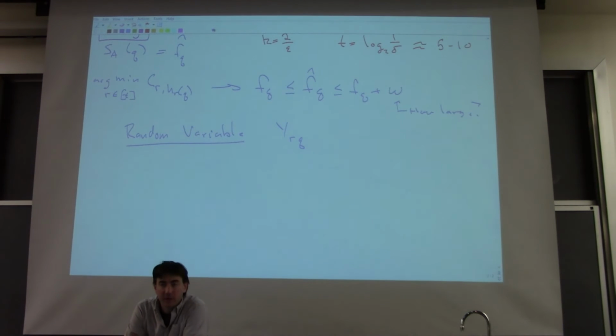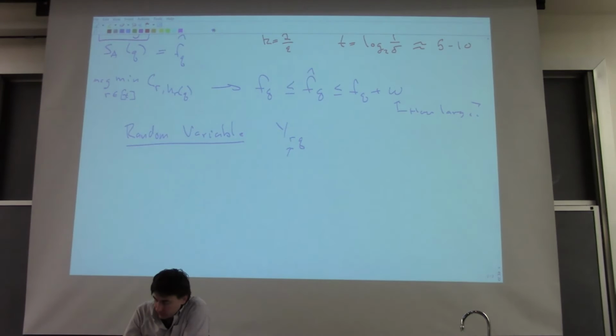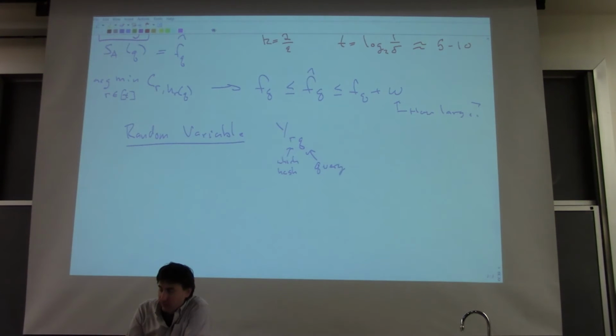This is going to be for the rth row, so the rth hash function, and the q is going to be a specific query.